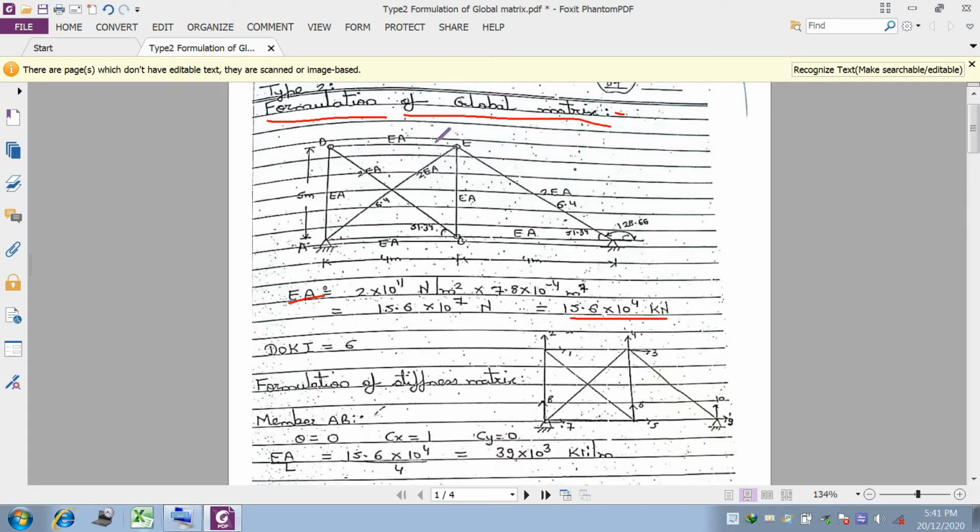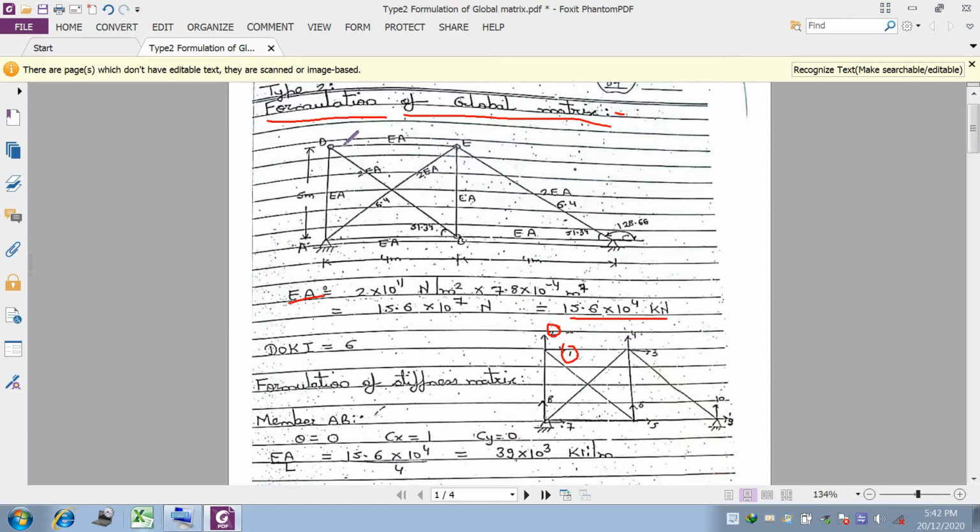First of all, you have to start writing your coordinates from the simple joints. So this is the start from the left side. This is 1, you have to write 1, 2. Because D is an independent joint, here the degree of kinematic indeterminacy will be formed.